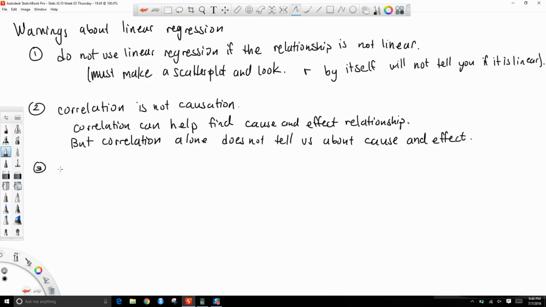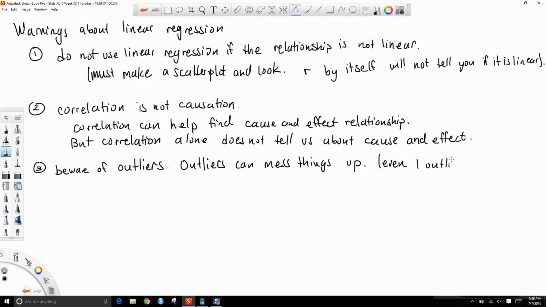Okay. Number 3, beware of outliers. Outliers can really mess things up. Even just one outlier, depending on what it is. Let's say you want to see, is there a relationship between shoe size and income?